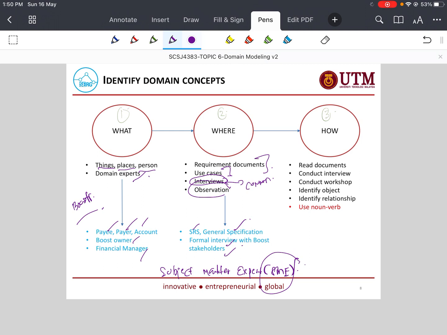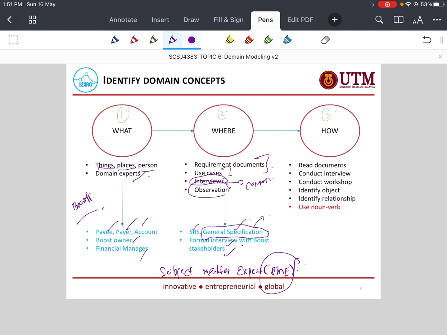For a large contract, for example a government contract of 10 million and above, usually, for example when you get a project from the Ministry of Transportation, that department will provide you the general specification.